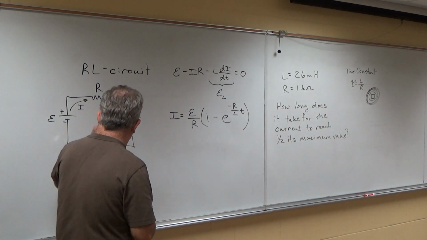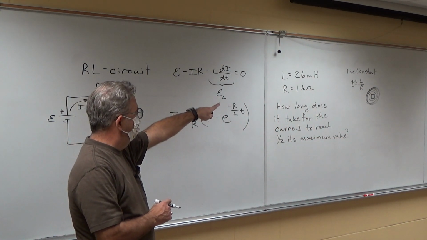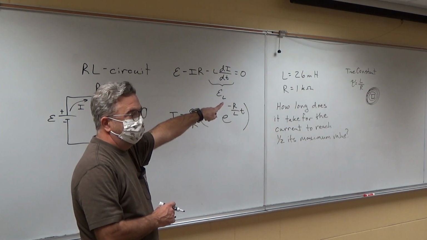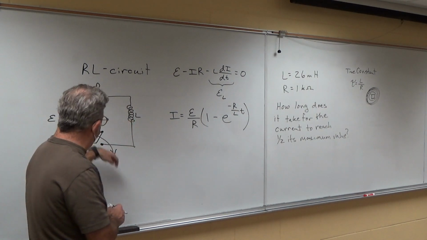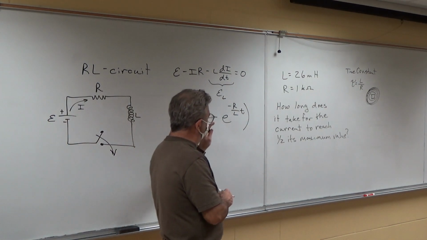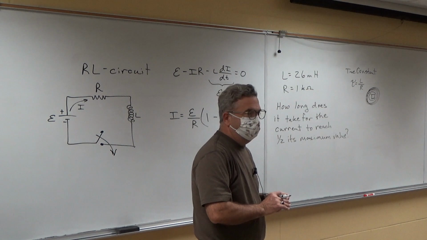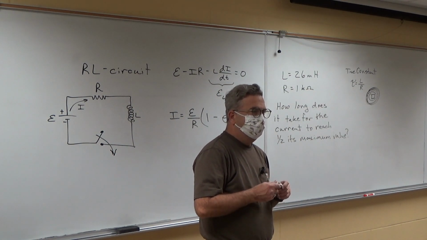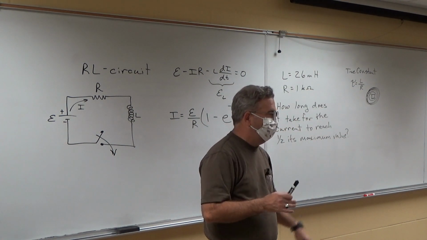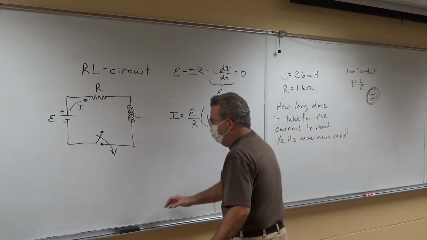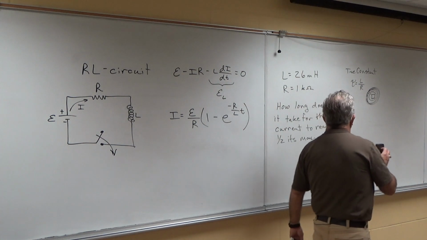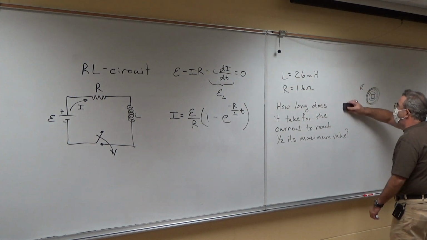So I've got an RL circuit. The inductor is 26 millihenries. The resistor is a kilo ohm. Somebody closes the switch. How long does it take for the current to reach half its maximum value? This is a classic RL circuit problem. Well, what is the maximum value for the current?